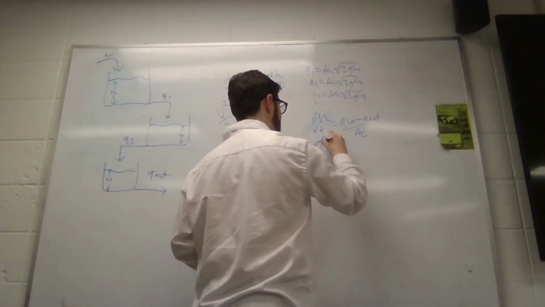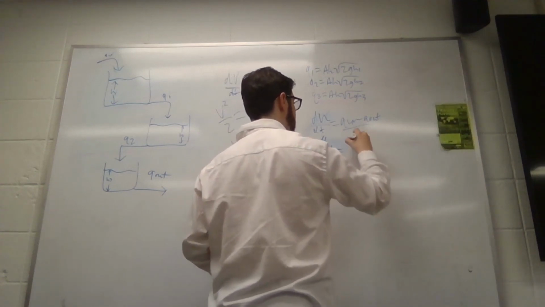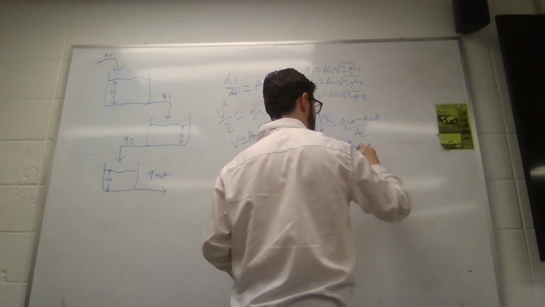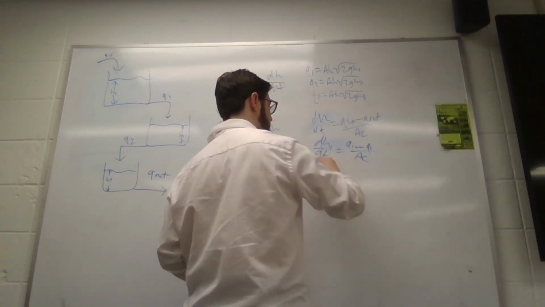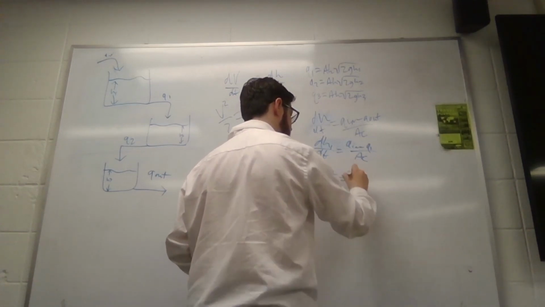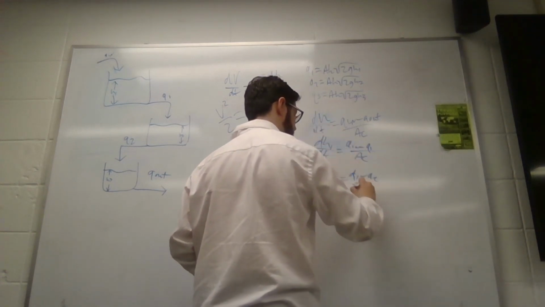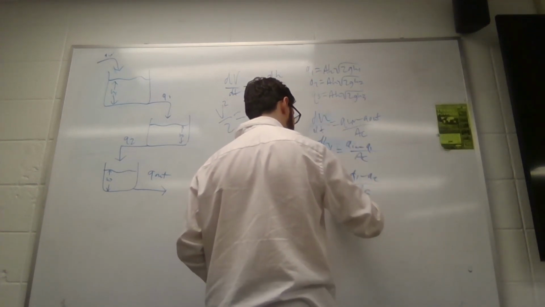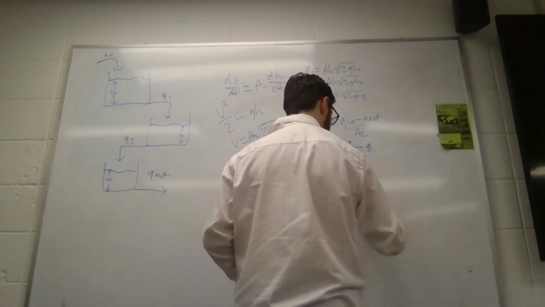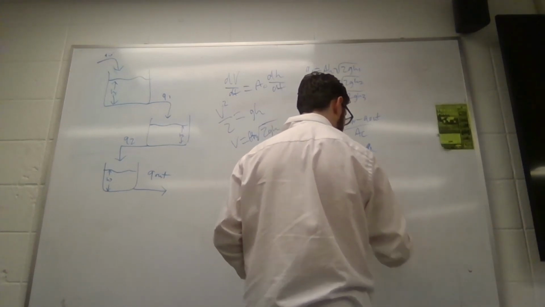So then we have dH1 over dt of the first tank is equal to Q in minus Q1 over AC, and then dH2 over dt is Q1 minus Q2 over the cross-sectional area, and then dH3 over dt is Q2 minus Q3, or Q out, over the cross-sectional area.